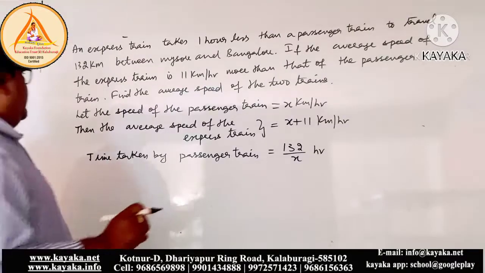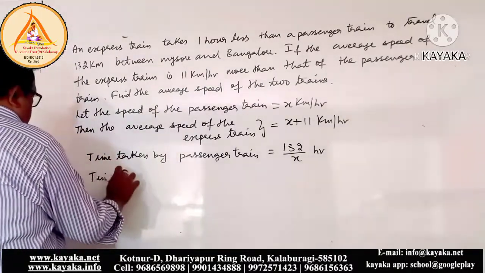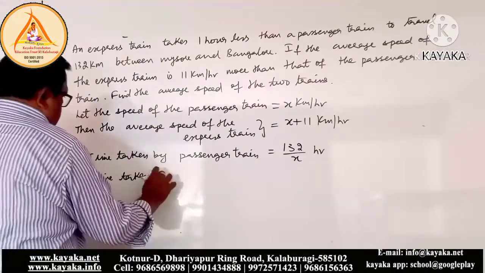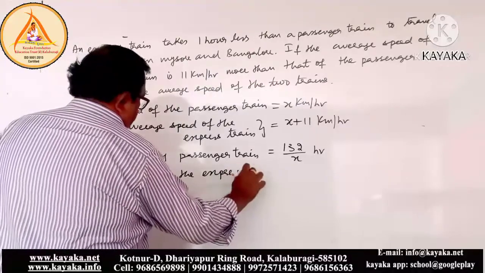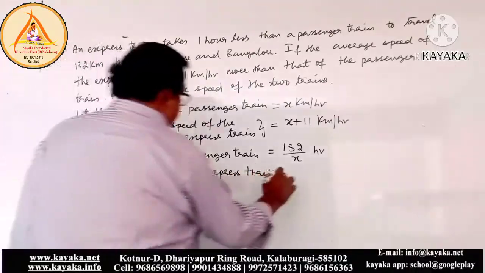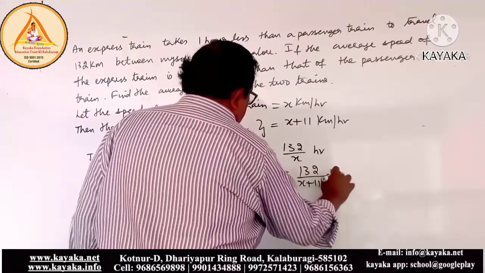Now time taken by the express train is equal to 132 divided by x plus 11 hours.